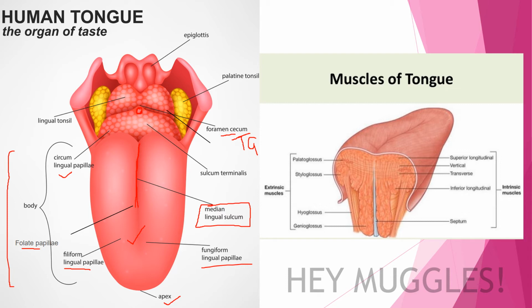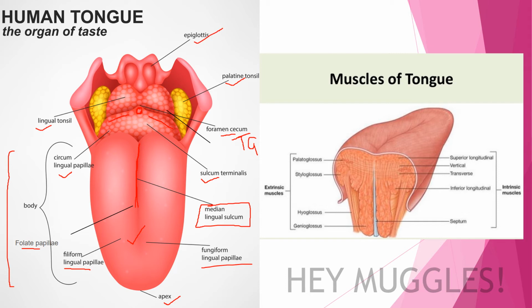On the sides of the foramen caecum we have the sulcus terminalis, right? We have the lingual tonsil on the posterior part, we have the palatine tonsil, and then we have the epiglottis, right?